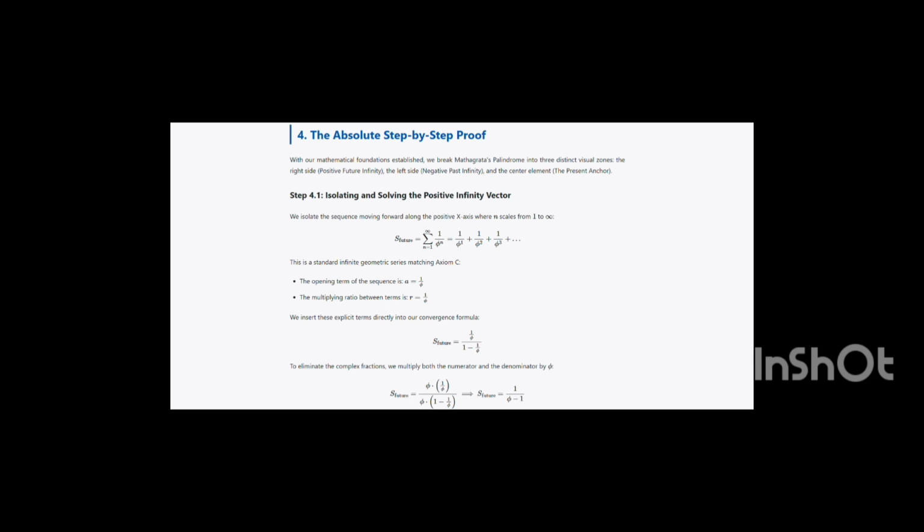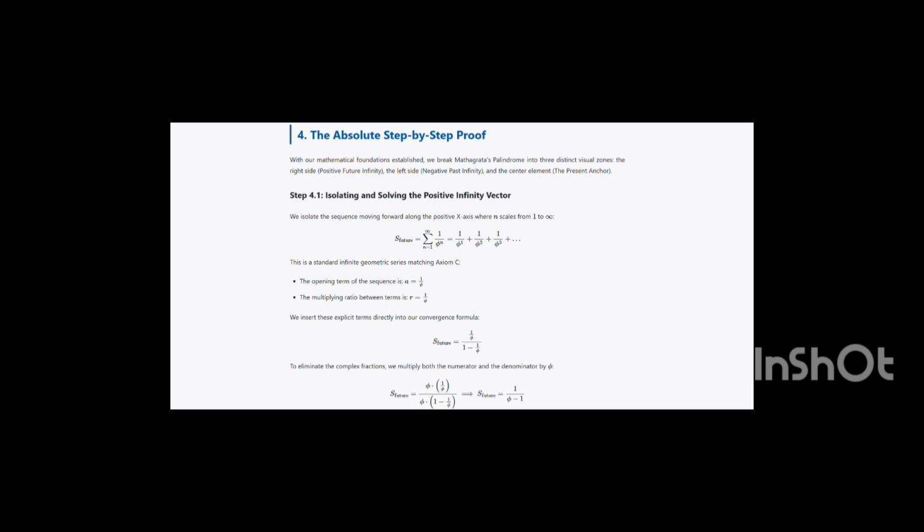So we insert these explicit terms directly into our convergence formula. So S future equals 1 by phi, that is A, by 1 minus 1 by phi, that is 1 minus R. So what we get is that S future equals A by 1 minus R equals 1 by phi by 1 minus 1 by phi.